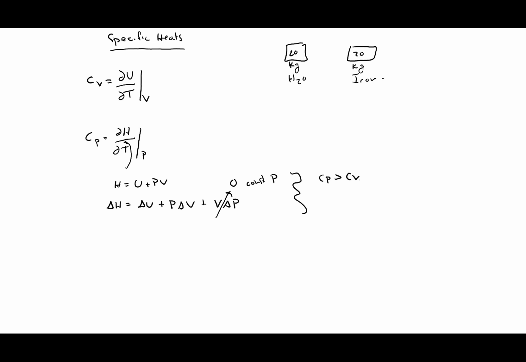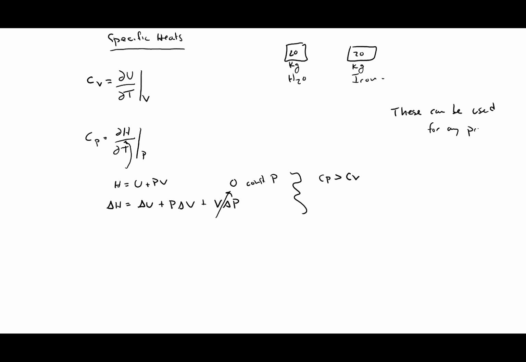This is basically because at constant pressure, when we allow the system to expand, we have to include the energy for the expansion work. The other thing to note about C sub P and C sub V is these can be used for any process.